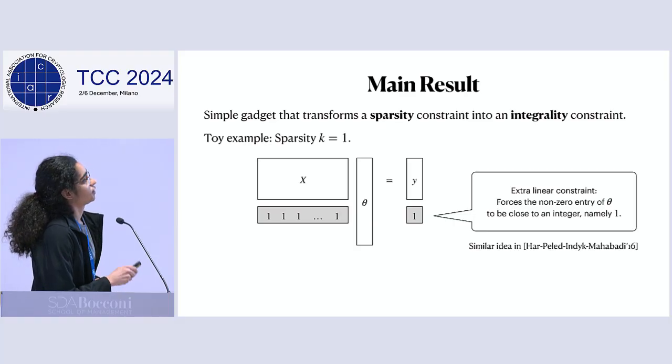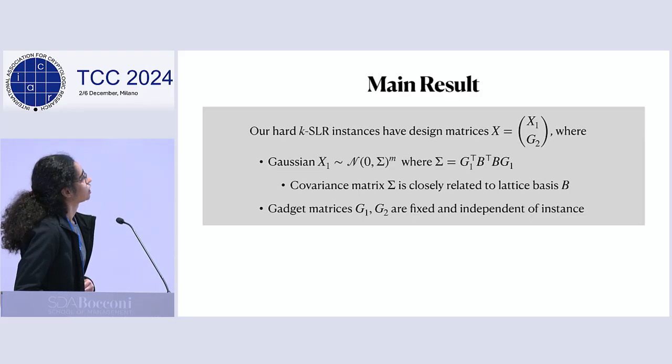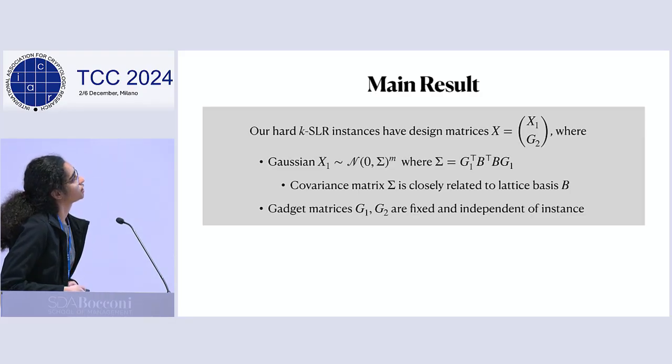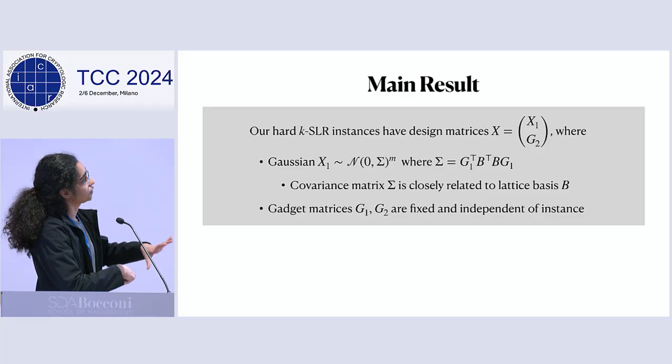And I want to note that a similar gadget appeared in this work by Harpal et al. Okay, so how do the design matrices we end up with look like? They're composed of 2 blocks.